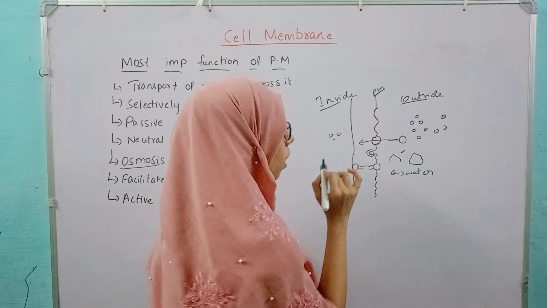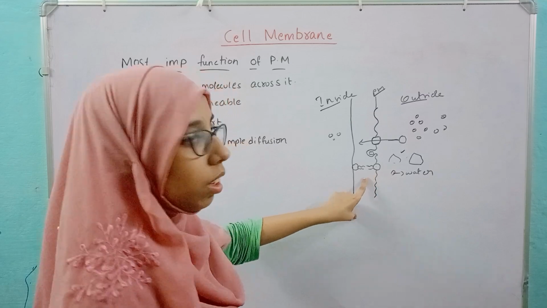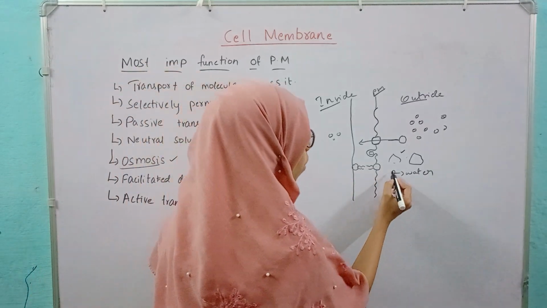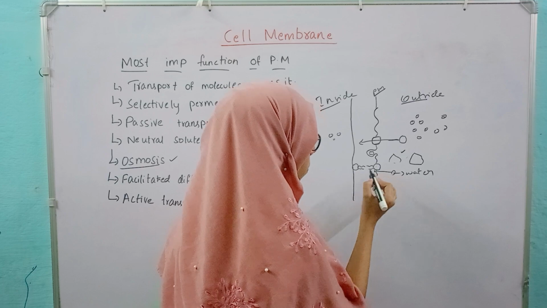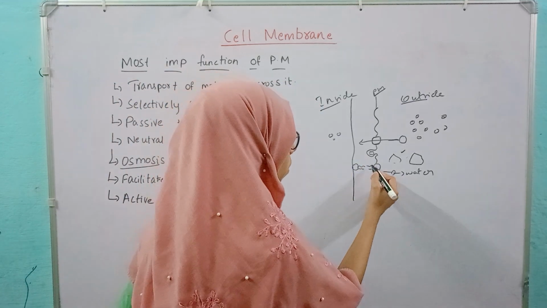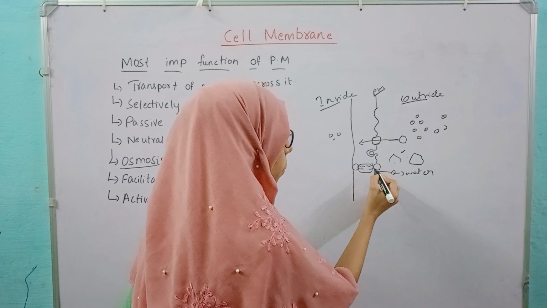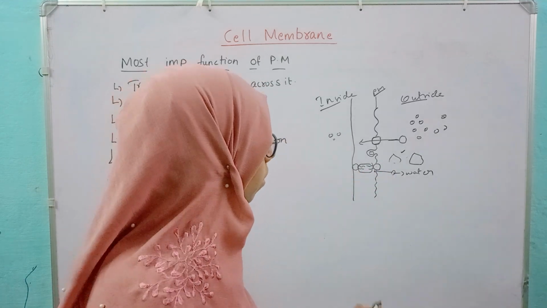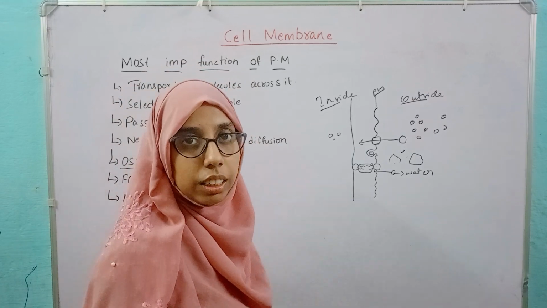Now, water has to pass through this membrane. How will water enter? Water may pass from here, but here there is an obstruction. It is the hydrophobic part. So water cannot pass through this. So this needs to be facilitated.